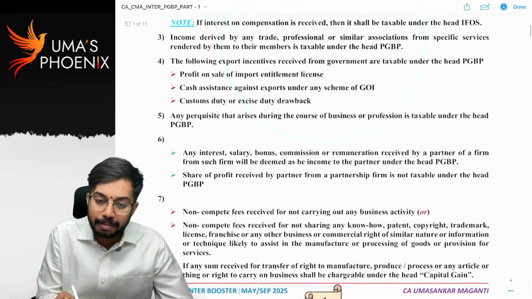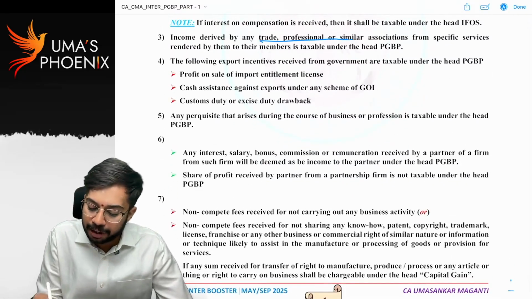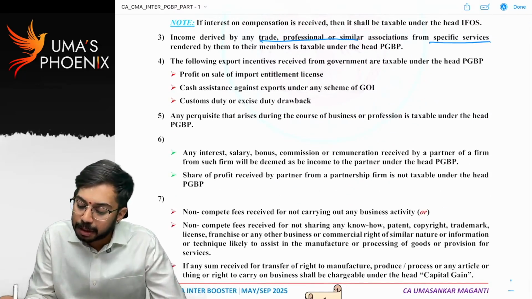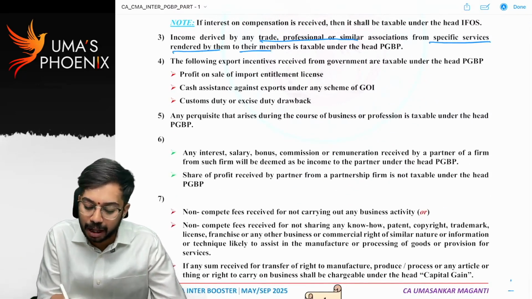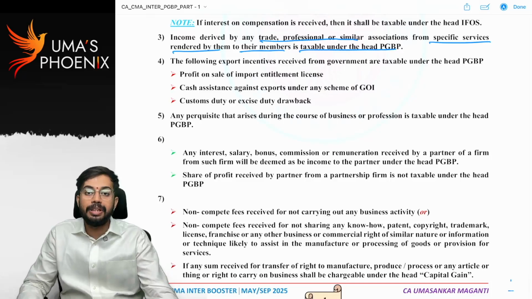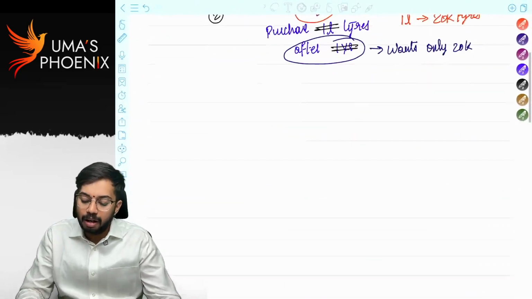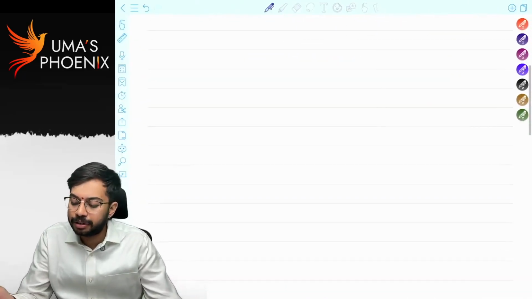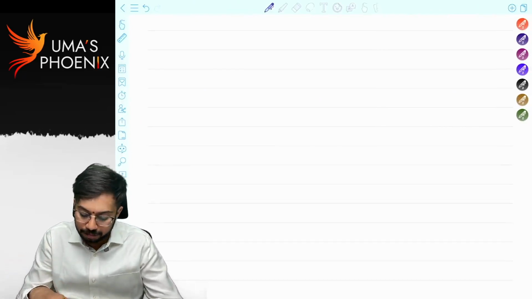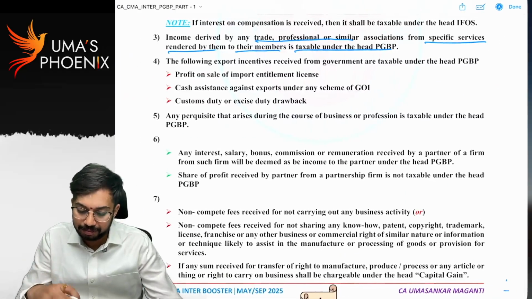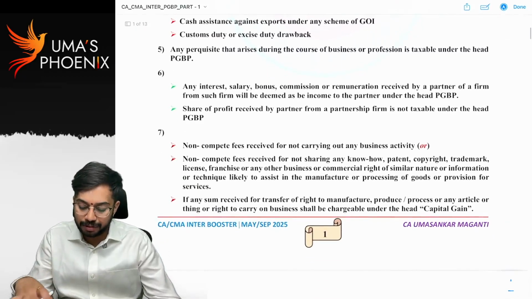Next, income derived by any trade, professional or similar association from specified services rendered by them to their members is taxable under the head PGBP. What do you mean by this? The best example of a professional association is ICAI. You know ICAI, right? Institute of Chartered Accountants of India.